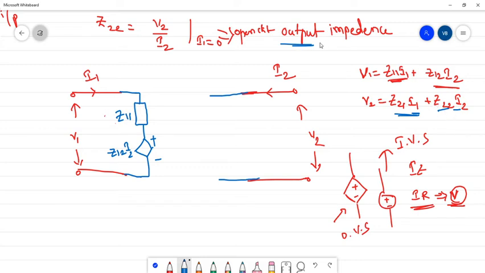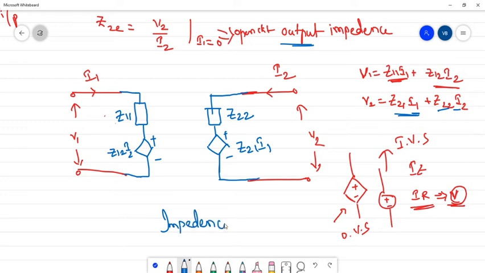That is the output impedance, a resistance that I am going to replace here, that is Z22, in series with a dependent voltage source. What is the value of this dependent voltage source? That is Z21 I1. Okay, so this is the two-port network representation in impedance parameters.